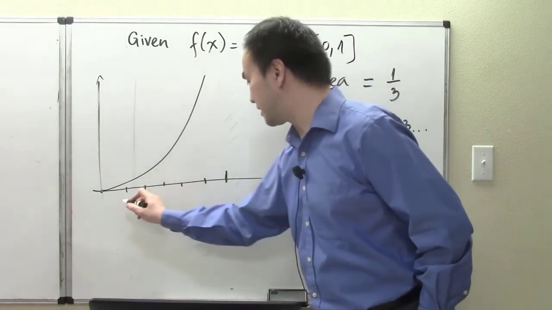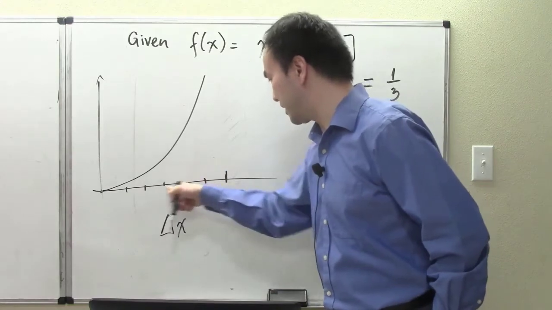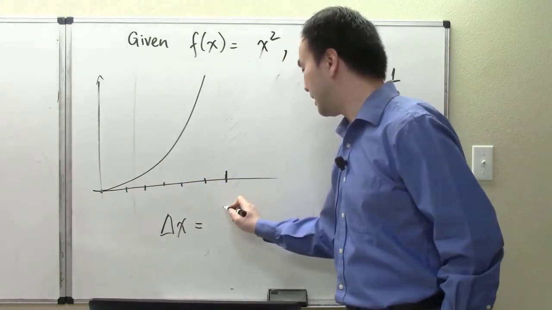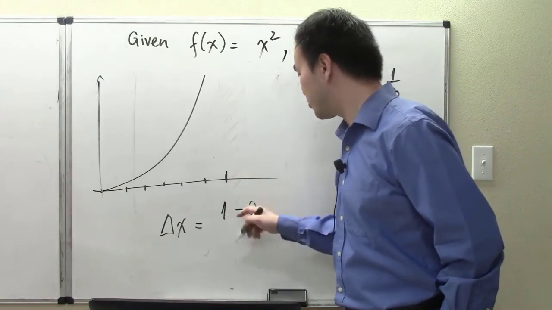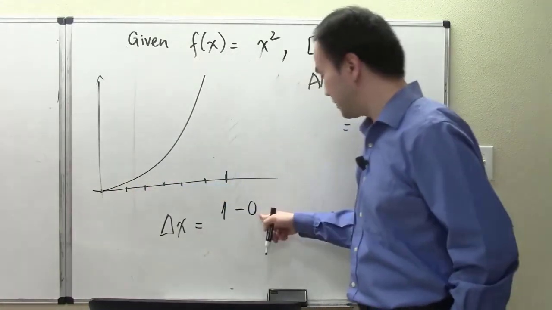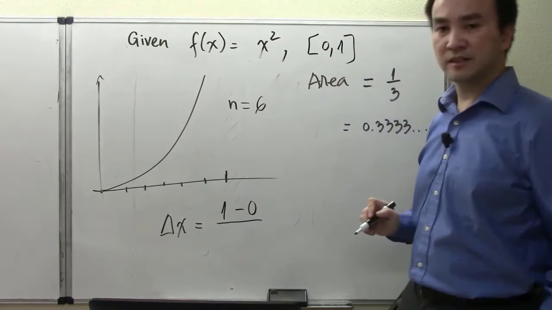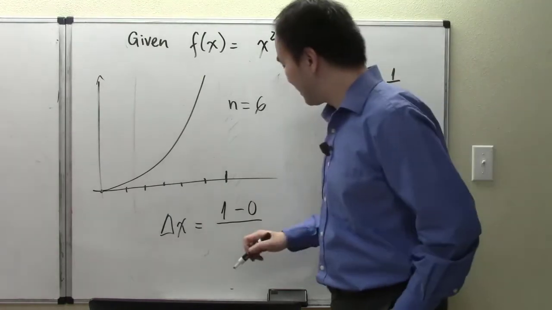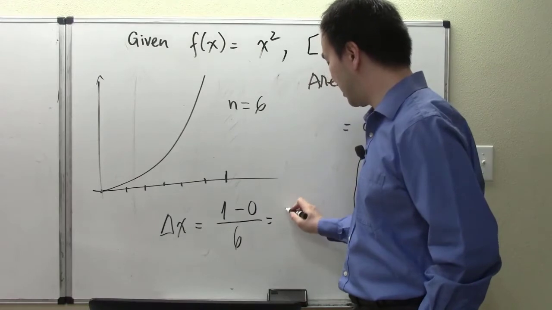That means I can just call that the delta x value for any of these subintervals, the same width, being the ending point 1 subtract the initial point 0, but I used 6 subrectangles. So I'm going to divide that by 6. And so my answer here is 1/6.